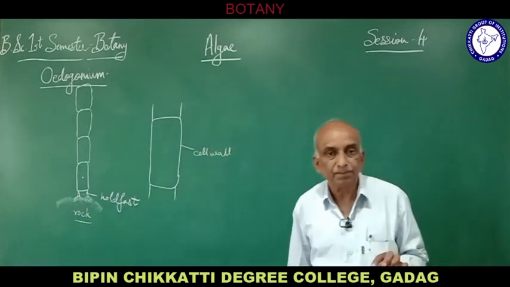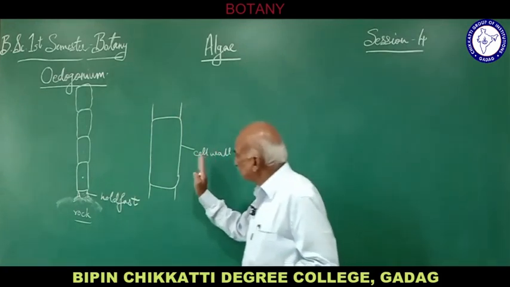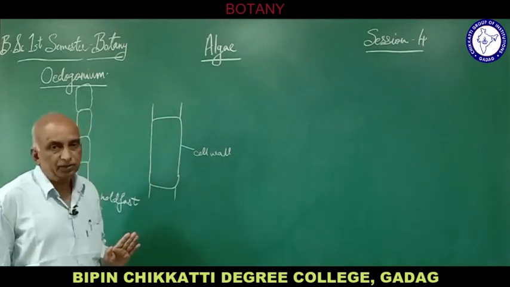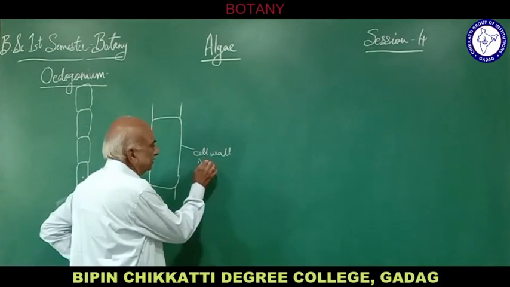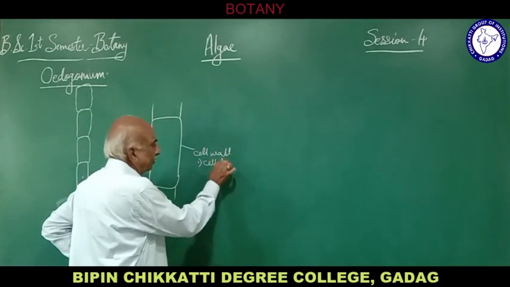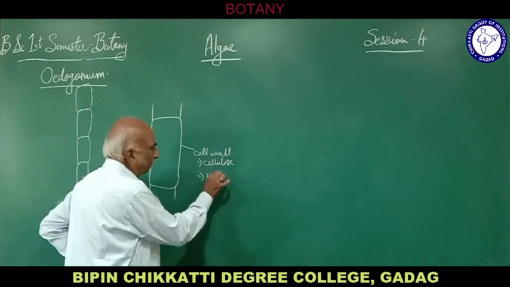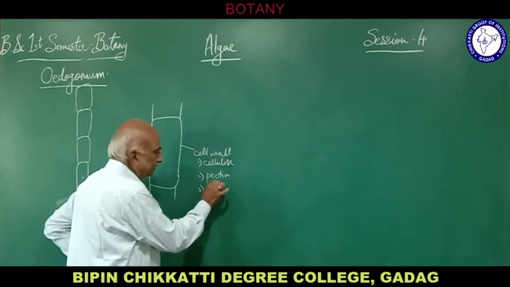Sometimes a third layer is there on the outer side, which is made up of chitin. So on the inner side there is cellulose, in the middle there is pectin, and on the outer surface there is chitin.